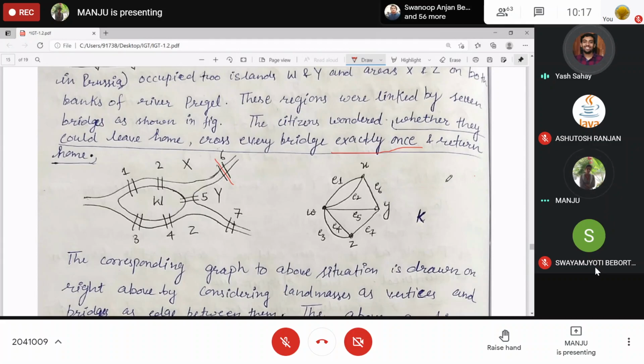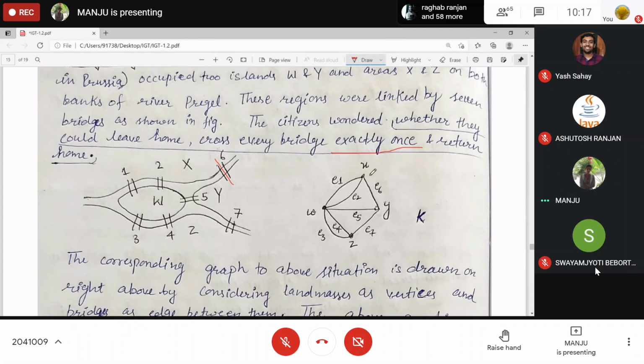Why not? Ma'am, because we can't return back to the same vertex without repeating any edge. Yes, that is by definition, or by looking at the vertex degrees you can also tell me. The degree is odd, right? That's why we did that theorem so that you can use it. If the degree is even, only then will it be an Eulerian graph. Otherwise, not.